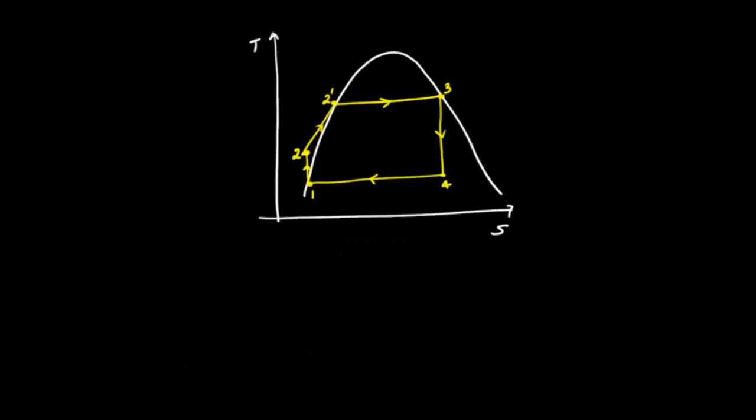Now, due to the change in this pumping process, where we now are pumping this liquid from state 1 to state 2, this heat that is added over this path from 2 to 2 prime is being added to subcooled water at a lower temperature than what it is added in a pure Carnot cycle over this process 2 prime to 3.